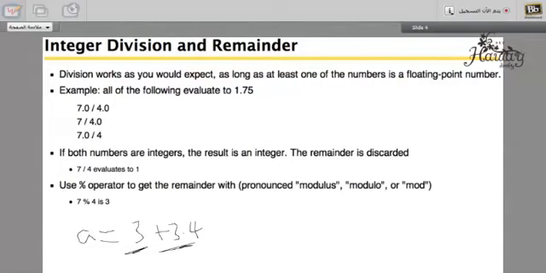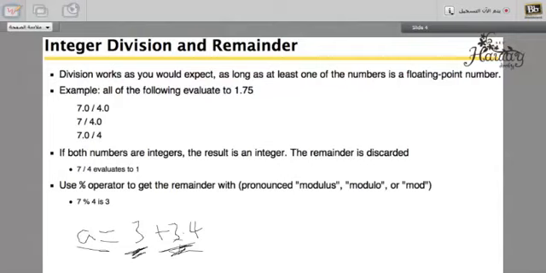What do you think the output will be if you have one integer and one double? It will be double always. Okay, so if you have one value as integer and the other value as double, then the answer will be double.